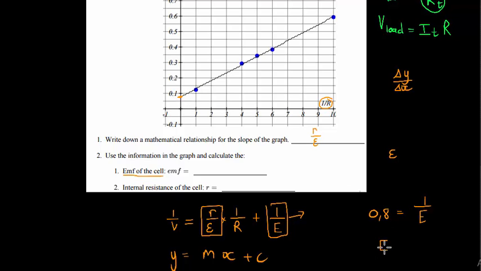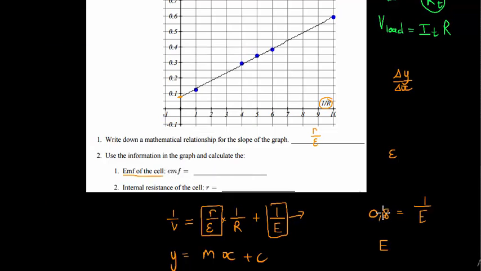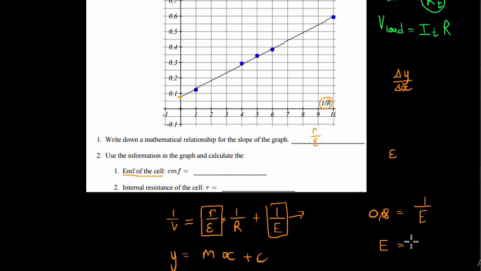So E, if I take 1 divided by 0.08, I'm flipping it around, then I get 12.5, and that is volts. That's the total volts supplied.